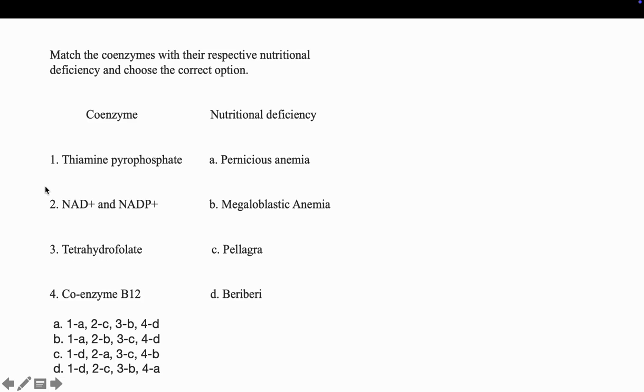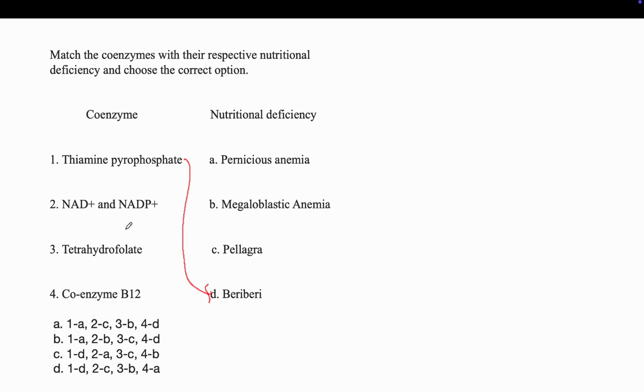Whenever we have a deficiency of this coenzyme, thiamine, which is one of the B vitamins, B1 I think, the deficiency leads to beriberi. It leads to the nutritional deficiency beriberi.